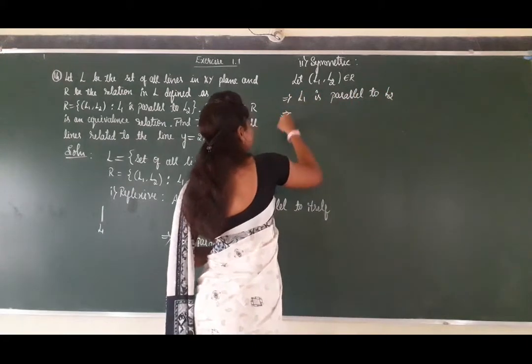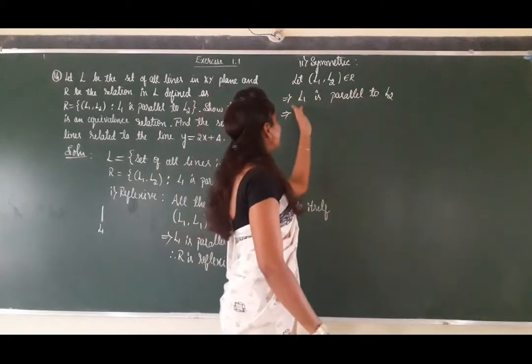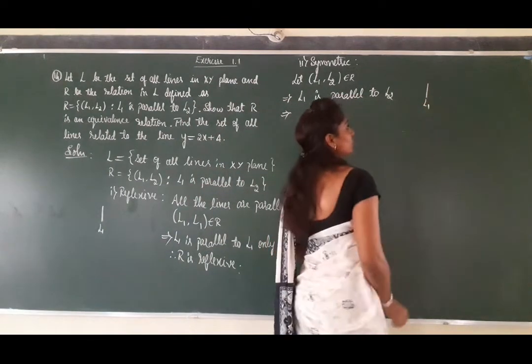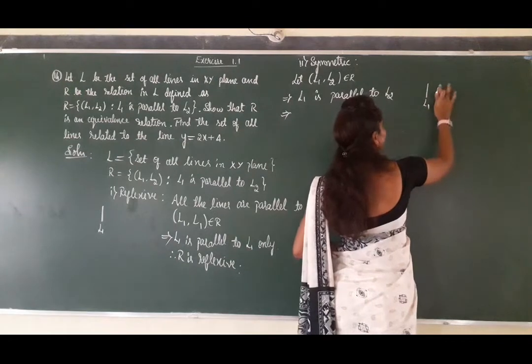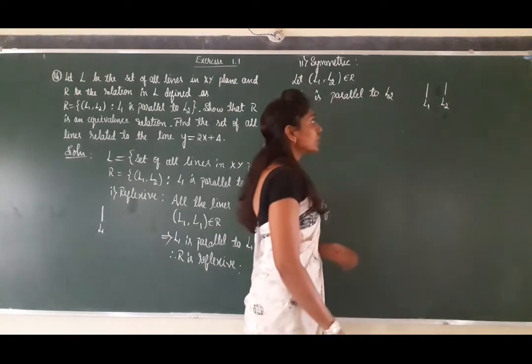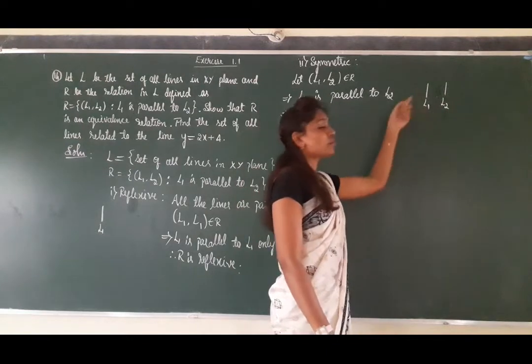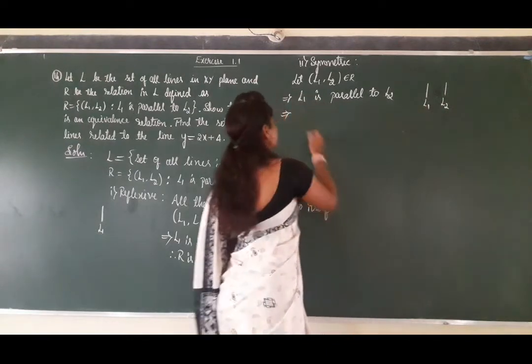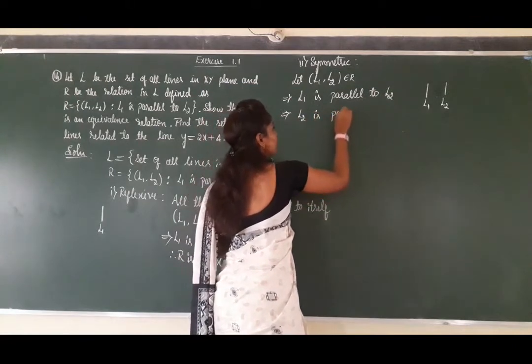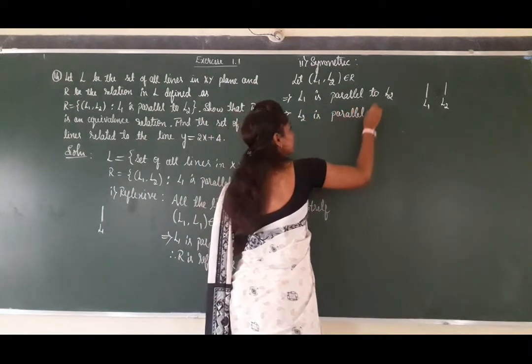This implies that obviously L2 is parallel to L1, because this line L1 is parallel to line L2. Obviously, line L2 is parallel to L1. This implies L2 is parallel to L1.